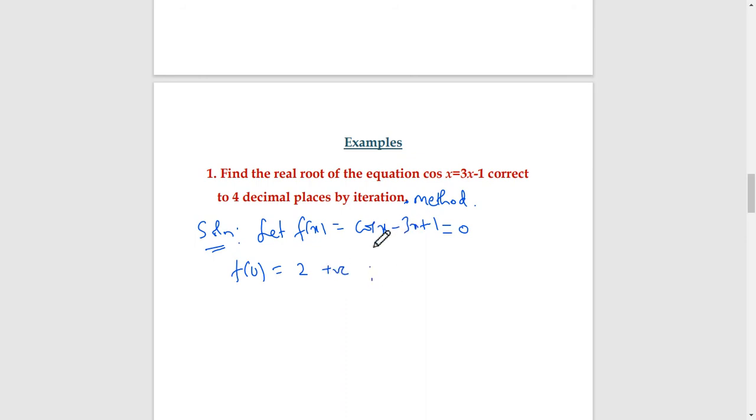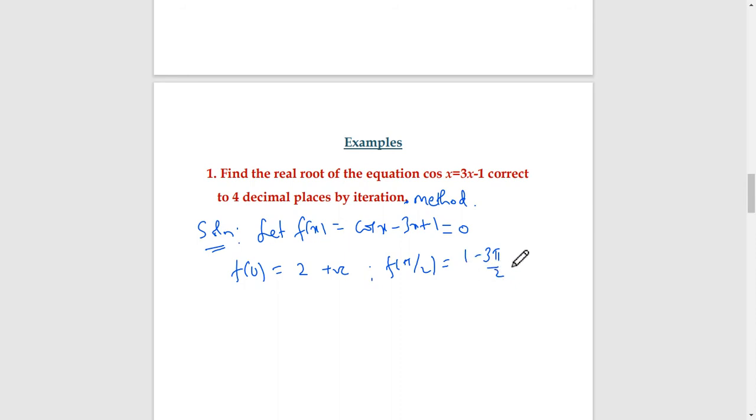Since this is a transcendental equation, you have to use the calculator in radian mode. So let me check f of pi by 2. cos pi by 2 is 0, and this is 1 minus 3 pi by 2.